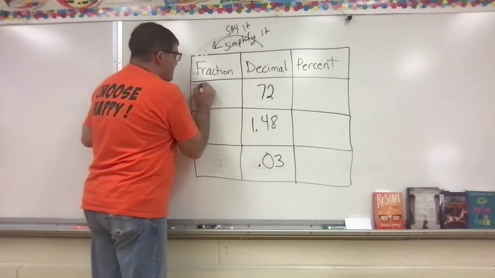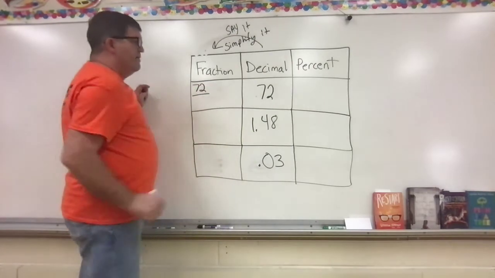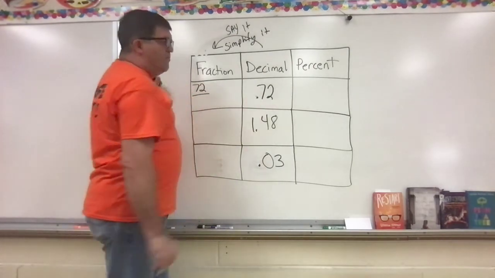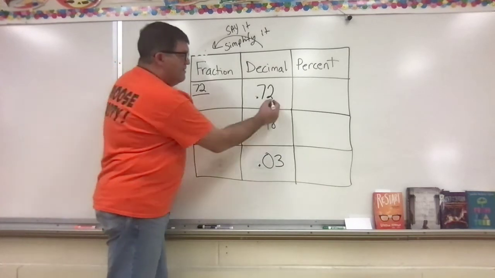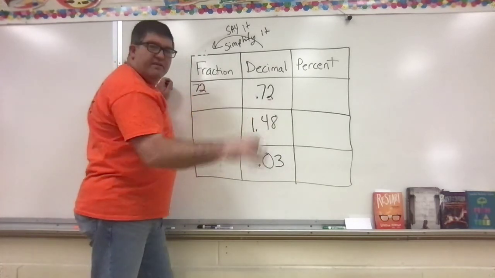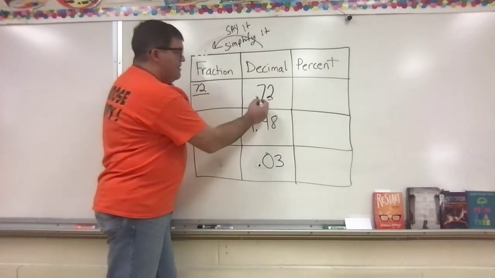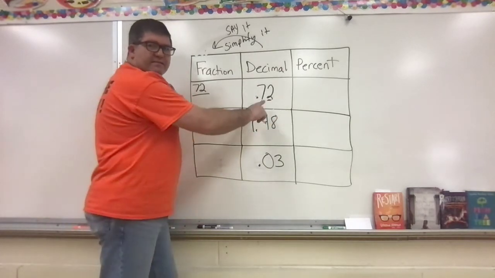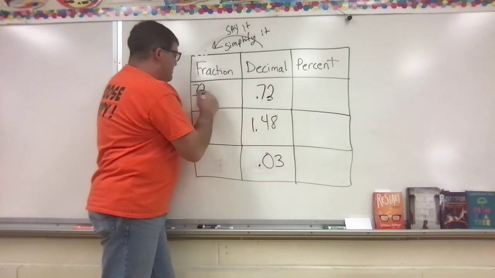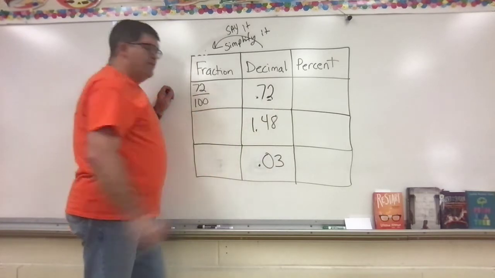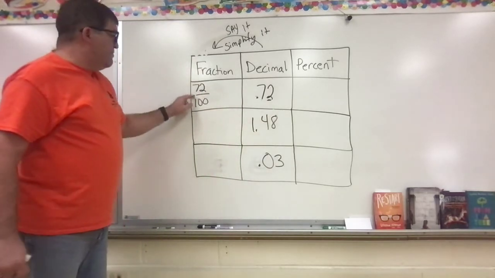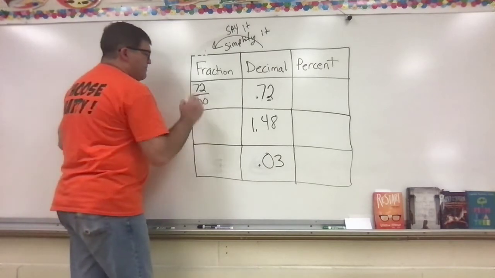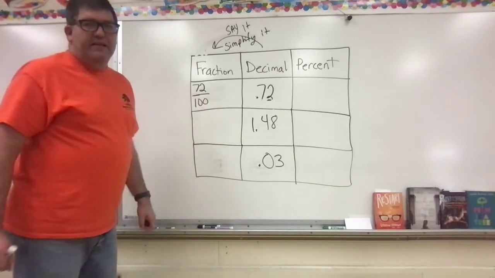So I go 72 over, and then I have to look at what is the place value of the digit farthest to the right. This is the tenths, this is the hundredths. And so because that's in the hundredths, I put 100 over there. So 72 over 100. Now I have to simplify this.